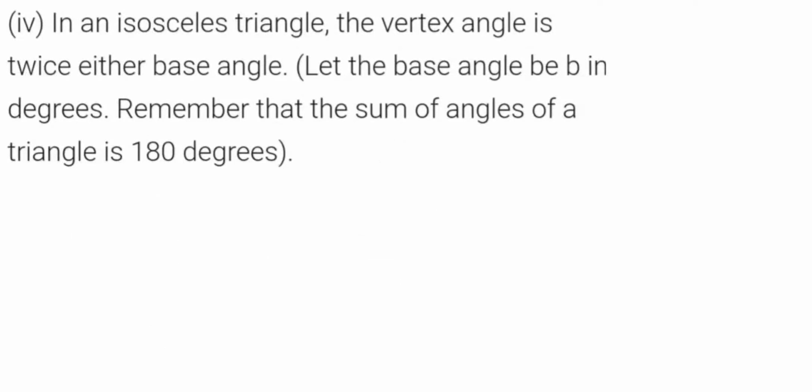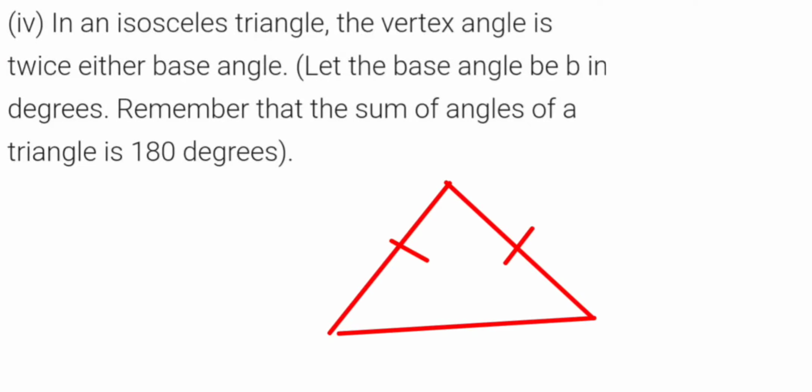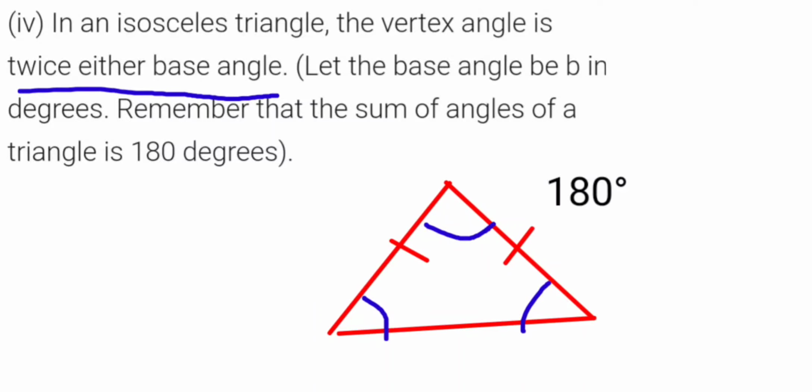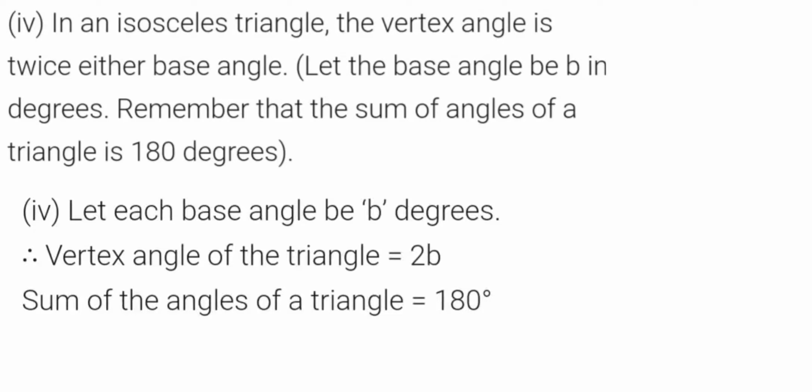In an isosceles triangle, the vertex angle is twice either base angle. So this is an isosceles triangle, the vertex angle is here and these are the base angles.